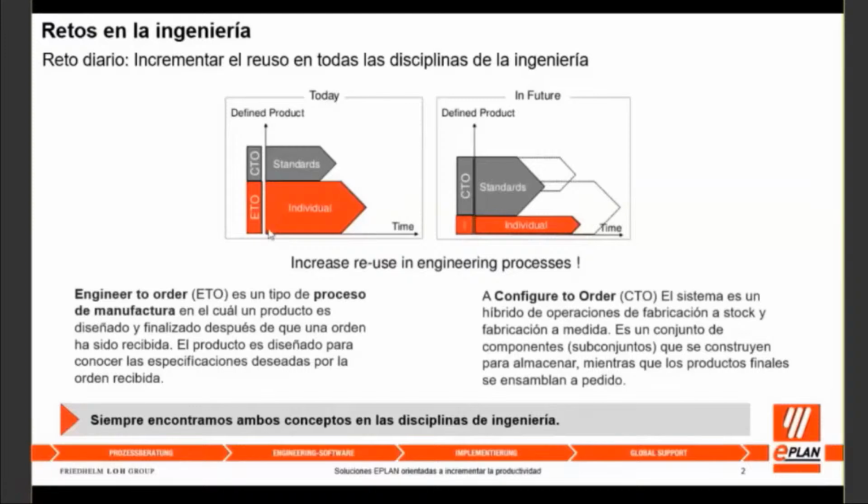Esta es una imagen en la cual podemos definir cómo es nuestro actual método de trabajo, en la cual, no puedo generalizar, sin embargo, la mayoría de los clientes, cuando tienen un proyecto, realmente hacen una inversión importante de tiempo y esfuerzo en hacer ingenierías individuales.